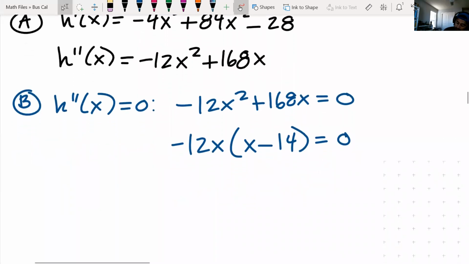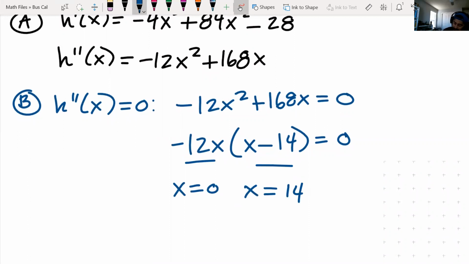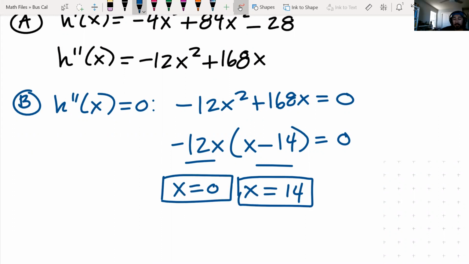Then set both terms equal to 0, and we'll get x equals 0 and x equals 14. So these are the x values from the second derivative. These are going to be called my possible inflection points.